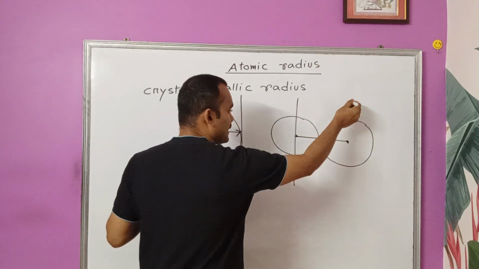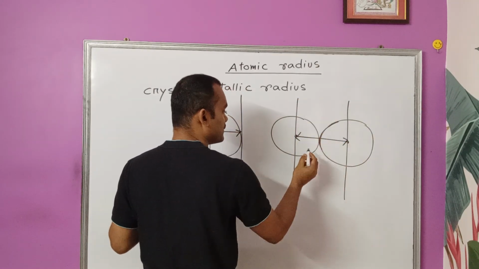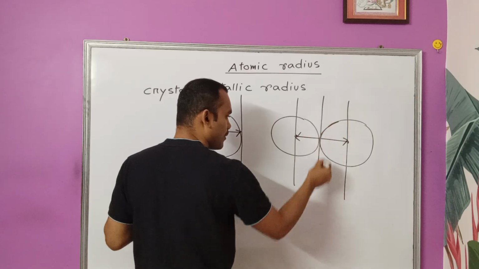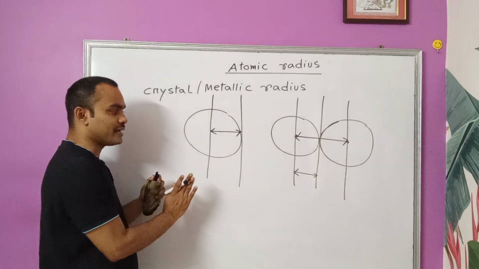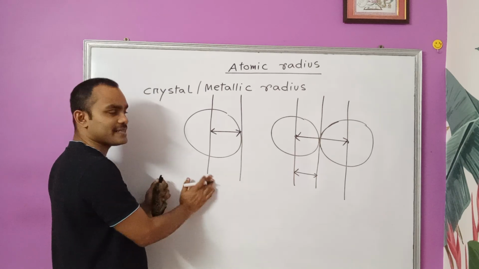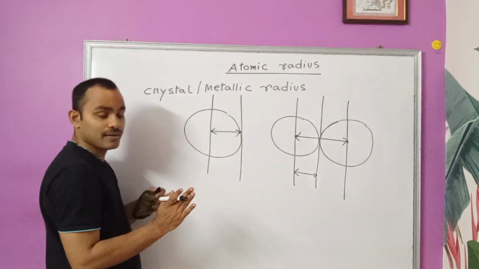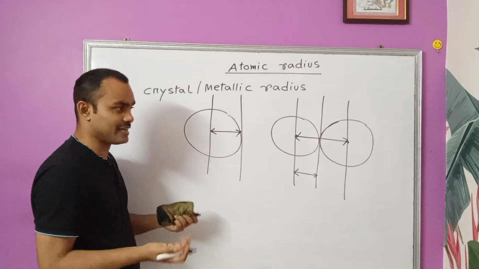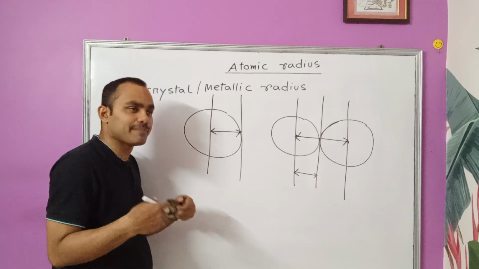Half of this means from the nucleus to the outermost electron. So we are calculating the atomic radius from the crystal lattice of the metal, where many atoms are joined together and create a macromolecule.